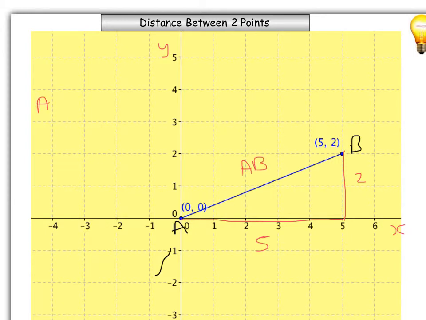AB is equal to the square root of 5 squared plus 2 squared, which equals the square root of 29. If we leave it as a square root, that's an exact value, and it's an easy way to do it. However, not every time are you going to get a point lying on the origin, which is the point 0, 0.